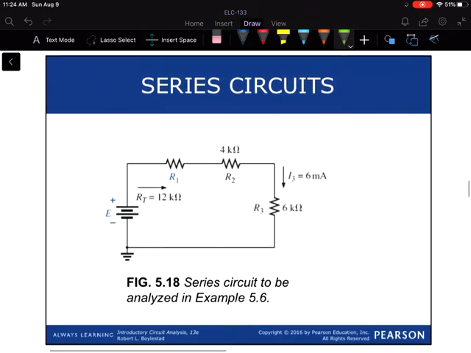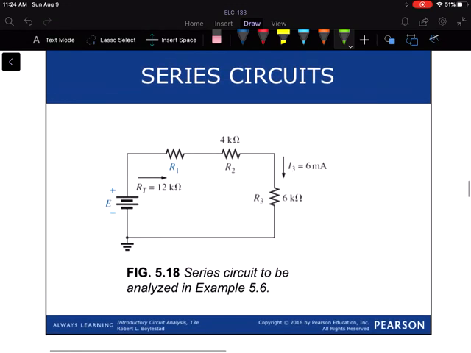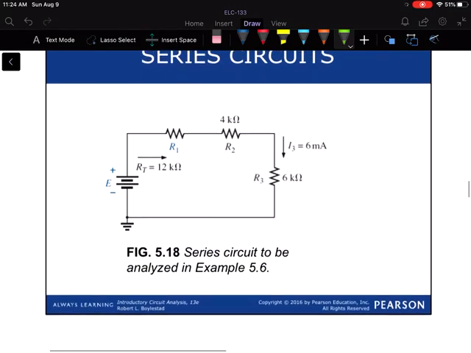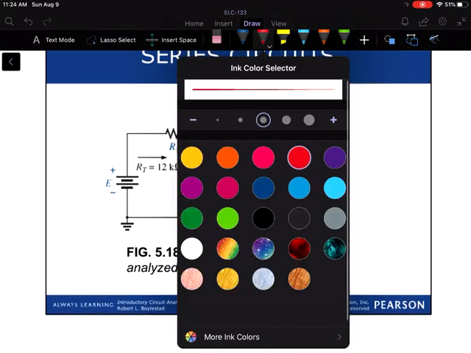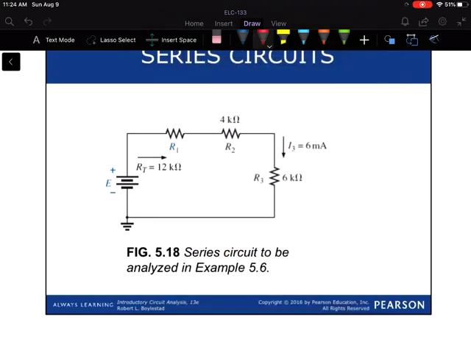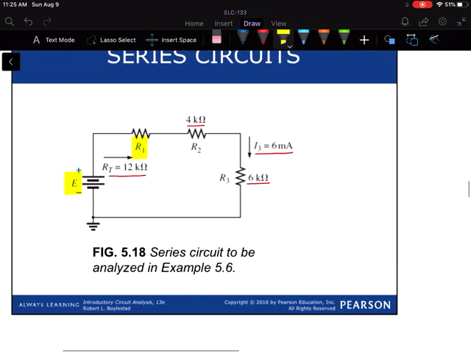All right, let's look at another series circuit here. And notice here we're given the current, we're given RT, we're given R2 and R3. What we're looking for is R1 and the total voltage supplied. Okay, so a couple things here.